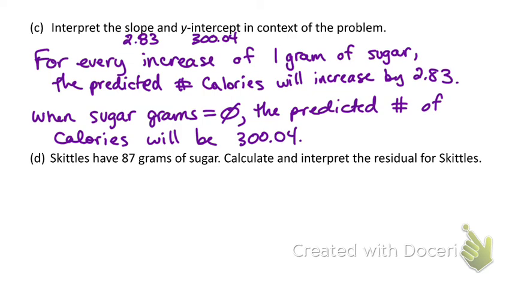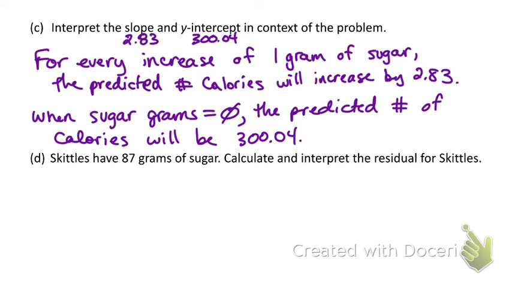How in the world is it that we have a candy that has no sugar in it, but it still has calories? Sugar isn't the only thing that creates calories, right? There's fat and protein and fiber and all that kind of stuff. Now, if you have a candy that has no sugar in it, it's probably going to taste nasty, but that's okay. It's going to be full of protein and fat for you. There's my interpretation for my slope and my y-intercept.